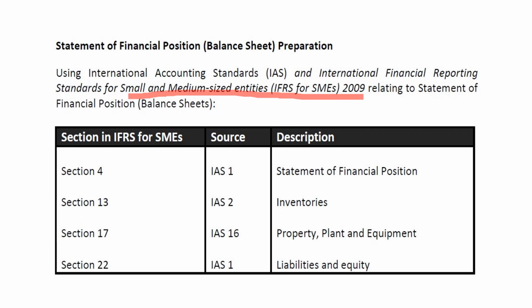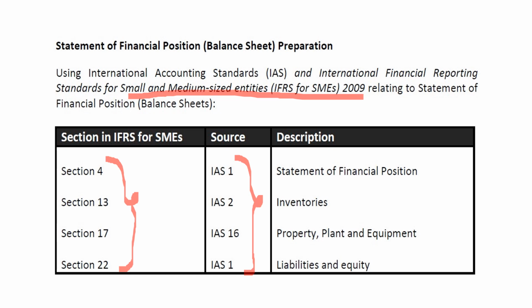Now the IAS that governs the balance sheet and the items on the balance sheet are these four here. And if you're doing it according to the SMEs, which is the same, you only have one, the small and medium-size IFRS. Now this would have the same information as these.